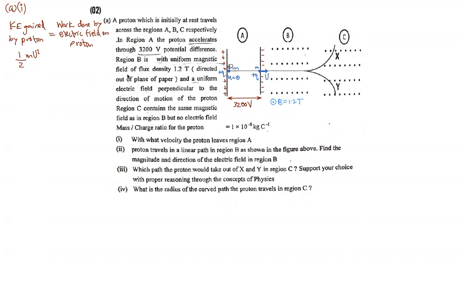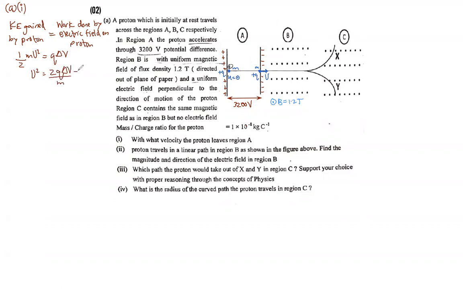Half m u squared equals, what is the equation for work done? Work done is q delta V, where q is the charge and delta V is the potential difference. So u squared is equal to 2q delta V over m.